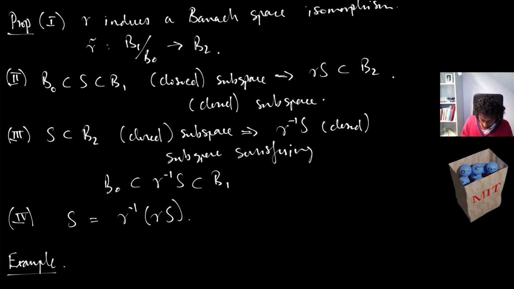So what we're thinking of is B0 being the minimal extension, B1 being the maximal extension, and B2 being some space on the boundary.